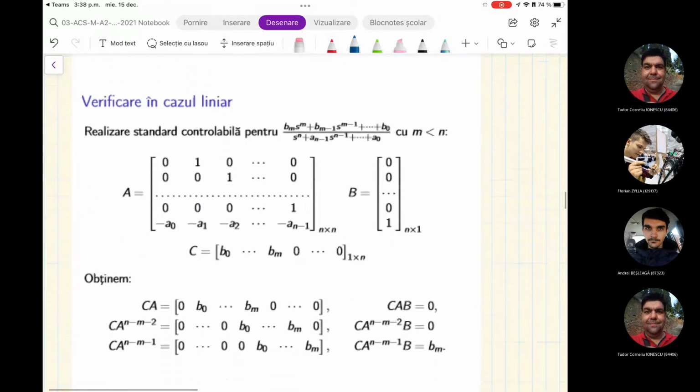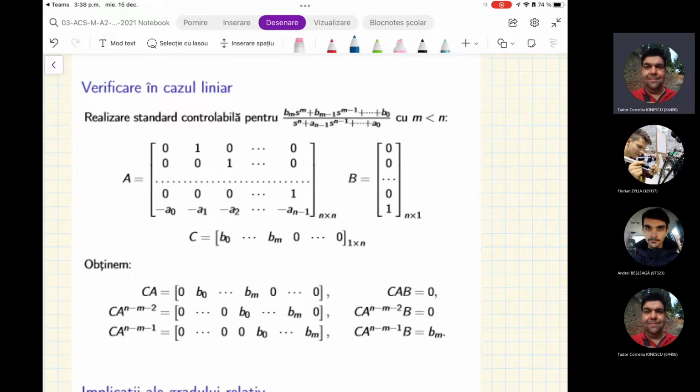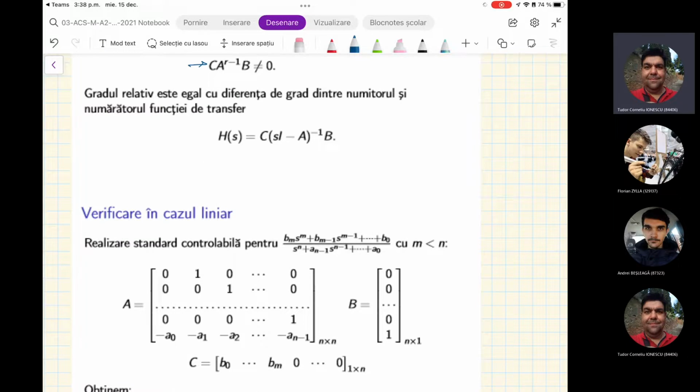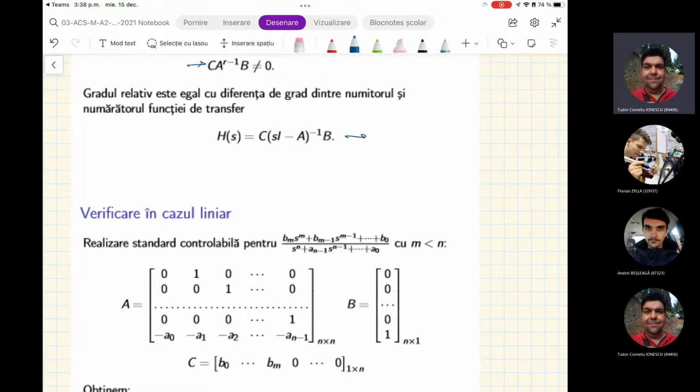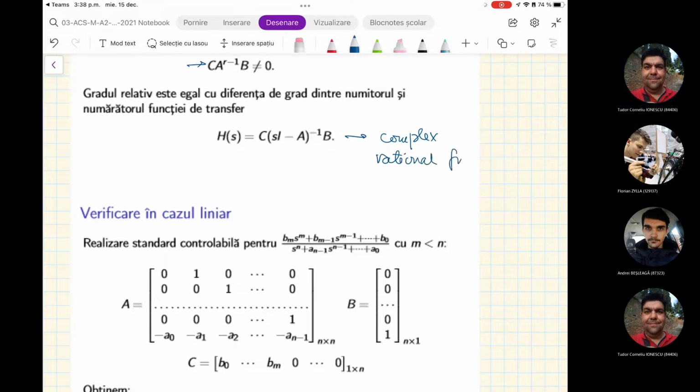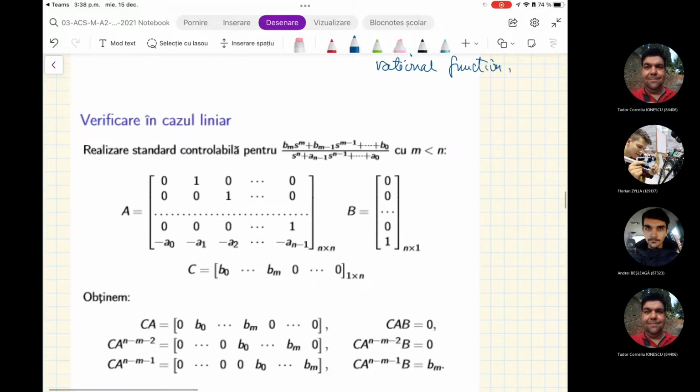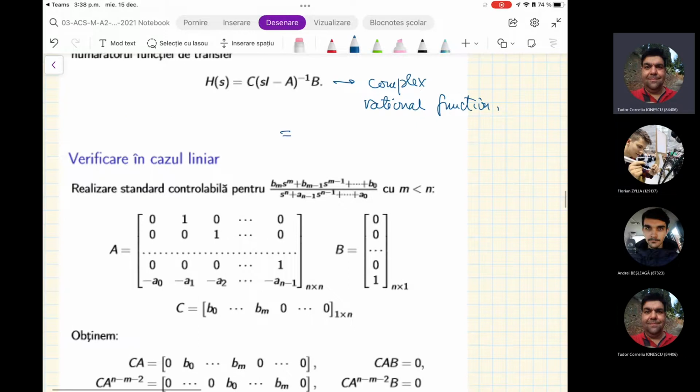Now we explicitly look at this. If you remember, the transfer function for linear systems is a complex rational function, something like R(s) over P(s), a quotient of two polynomials.